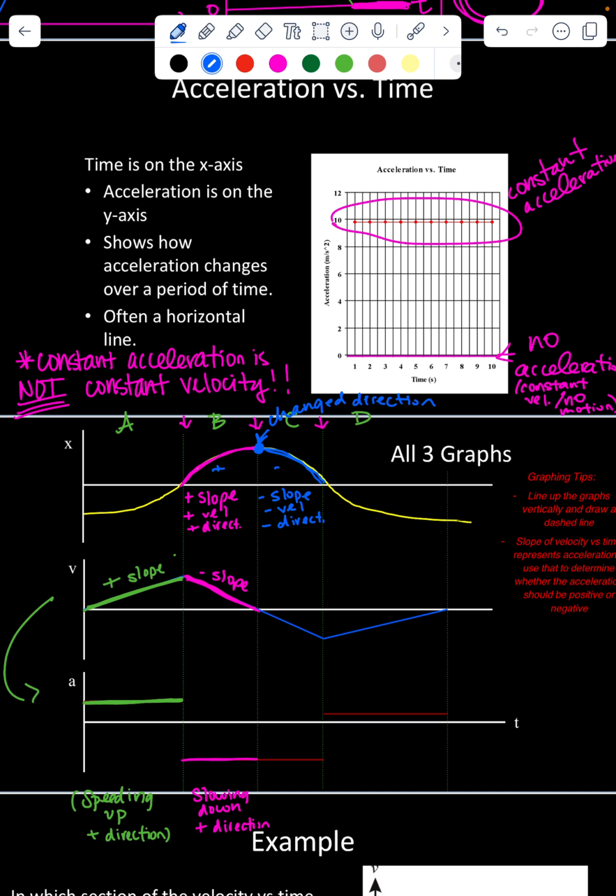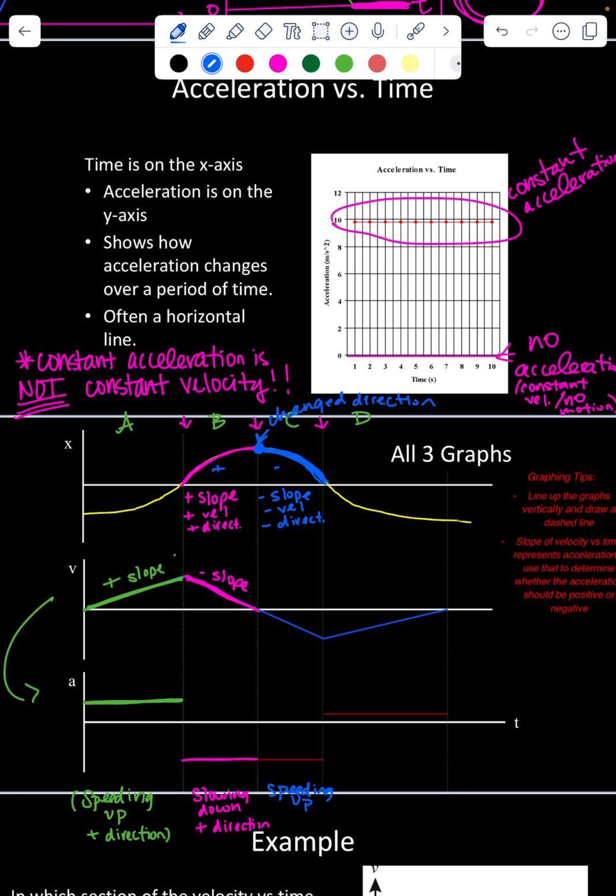Now that we know what direction we're going in, we kind of need to figure out what we're doing. So we look at how the slope is changing. We're going from a less steep slope to a more steep slope. Less steep to more steep does mean that we are speeding up.